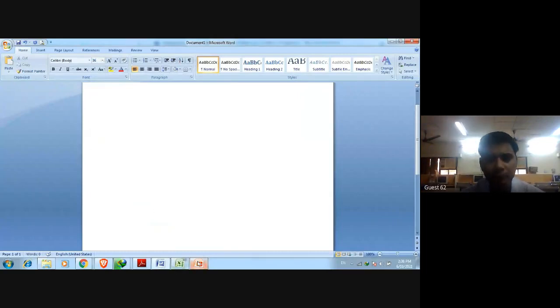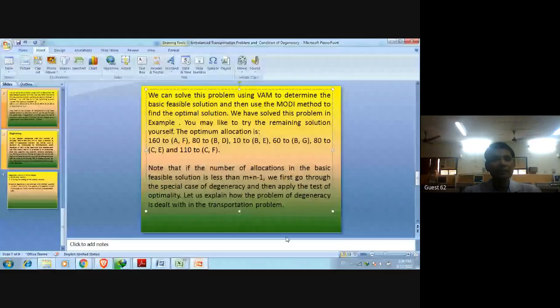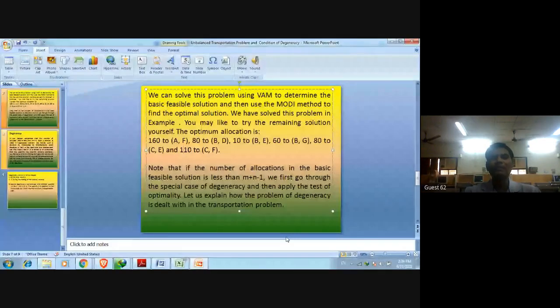Now note that if the number of allocations in the basic feasible solution is less than m plus n minus 1, we first go through the special case of degeneracy and then apply the test of optimality.